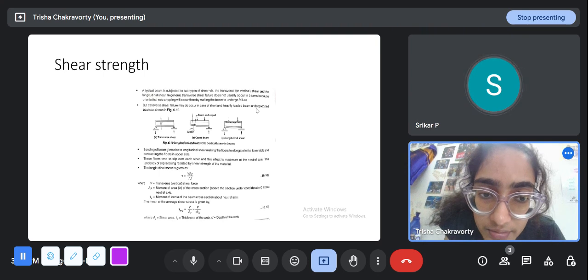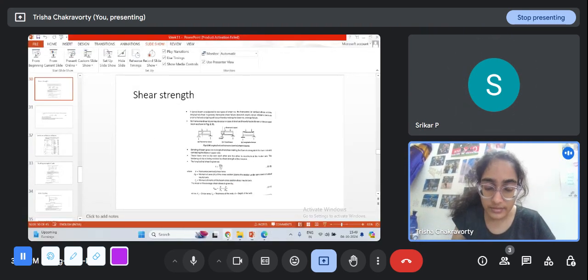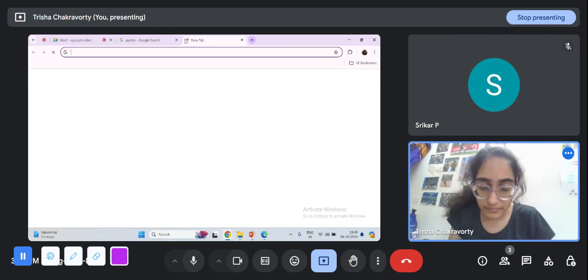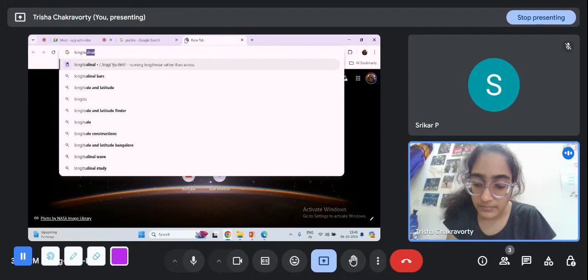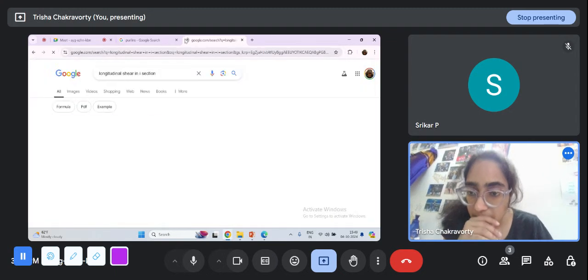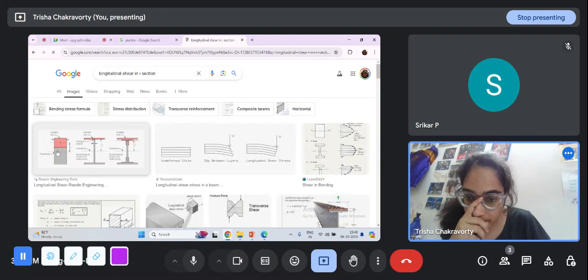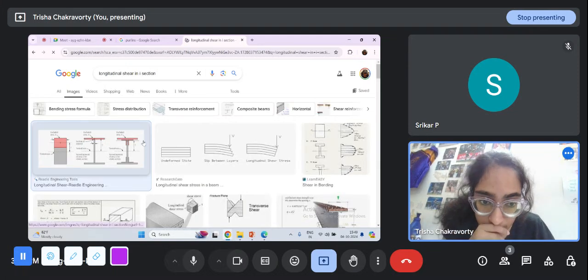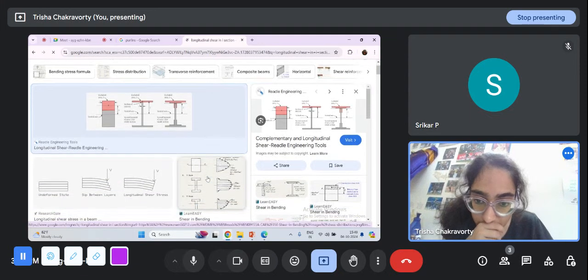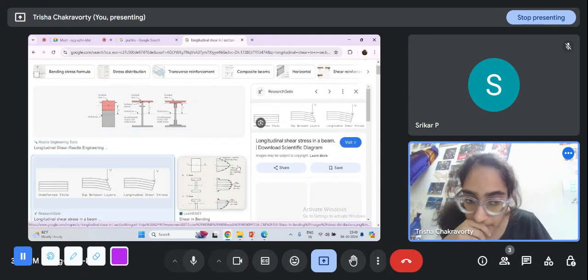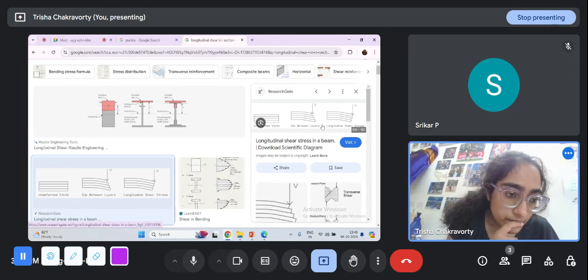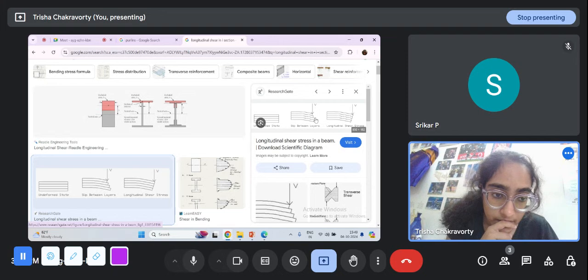See, transverse and longitudinal shear in I section. Okay, so it is around this direction.